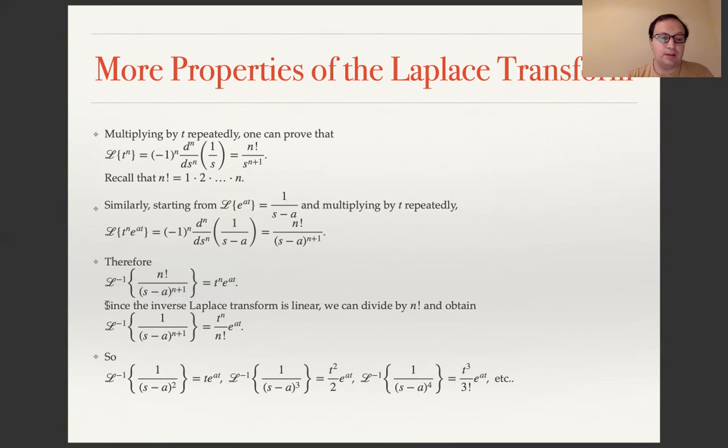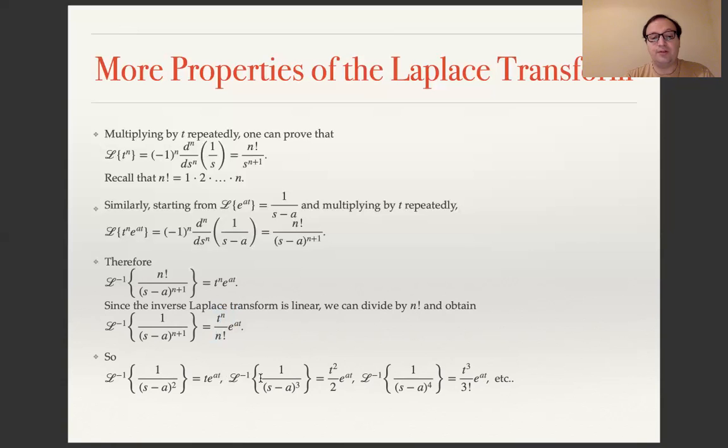And since the inverse Laplace transform is linear, we get that the inverse Laplace transform of 1 over s minus a to the n plus 1 is t to the n over n factorial e to the at. So now we can give values to n, and we get that the inverse Laplace transform of 1 over s minus a squared is t e to the at.